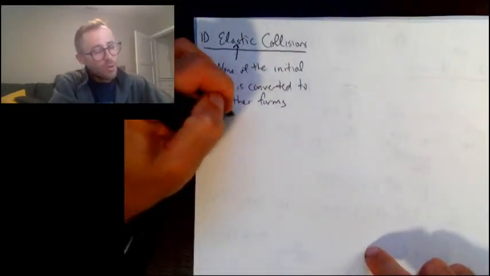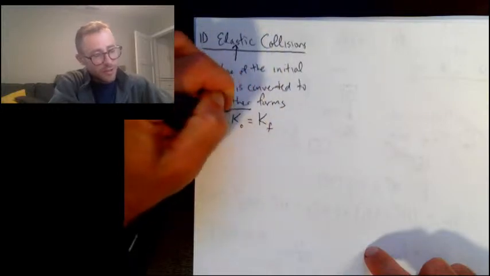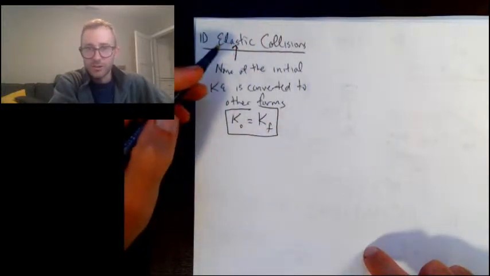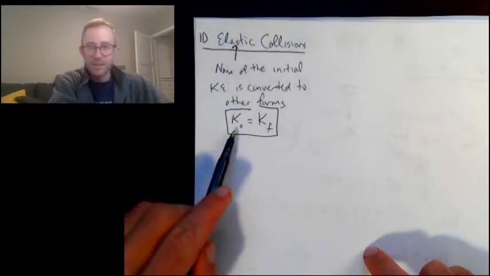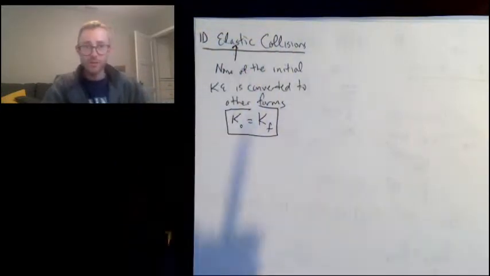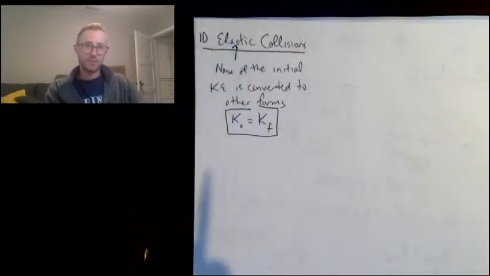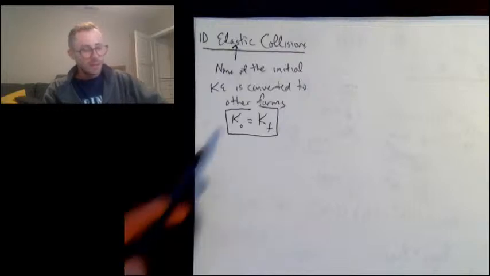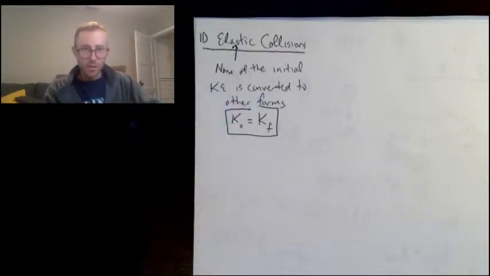So only if it explicitly says this is an elastic collision, you can say that the initial kinetic energy is equal to final kinetic energy. Okay? Only if it says elastic collision. If it doesn't say that and you use this equation, you will get the problem wrong.